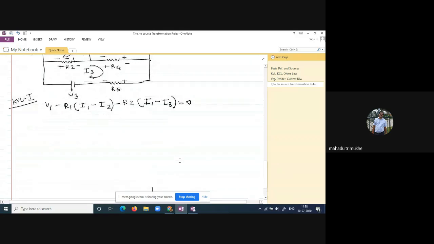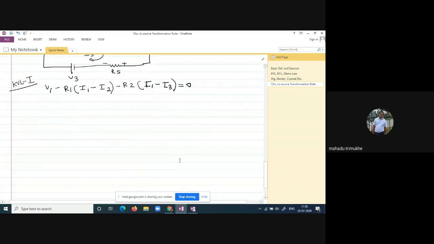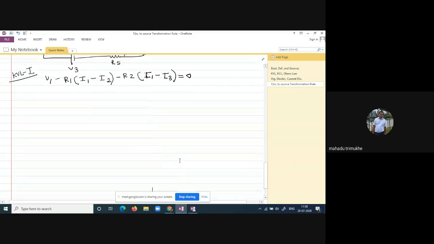Okay, have you drawn the diagram? Okay, so now the voltage source is what? V1. So we have to keep it outside. So we have to simplify this: V1 minus R1 into I1.